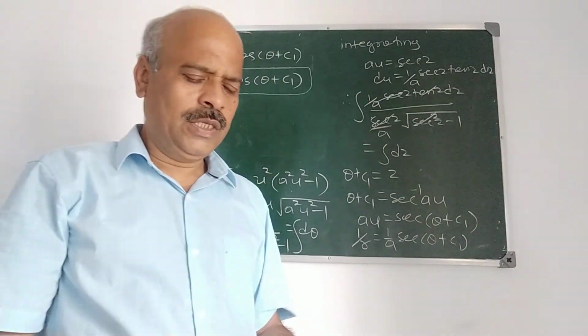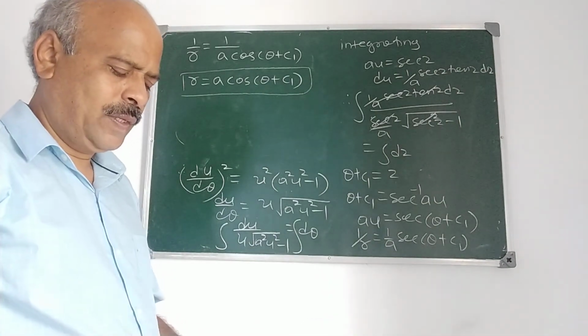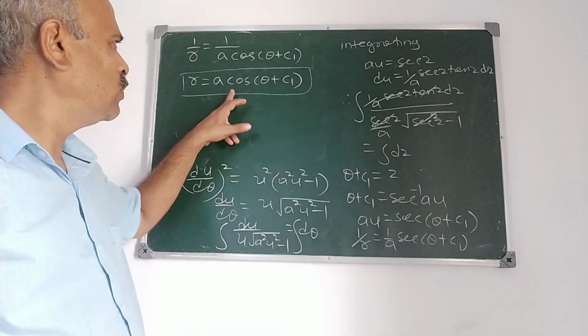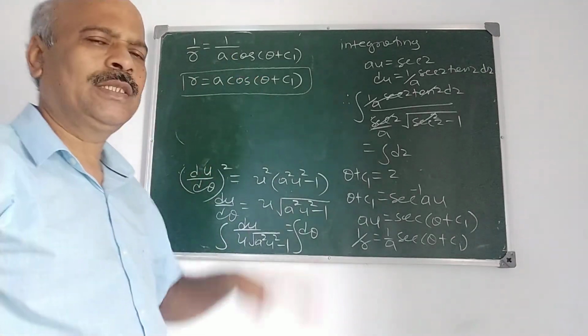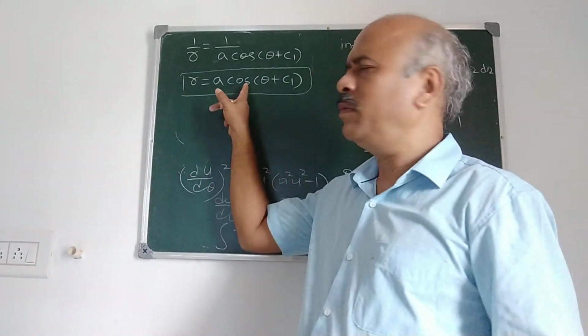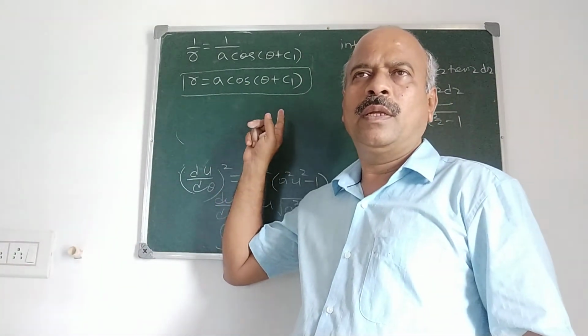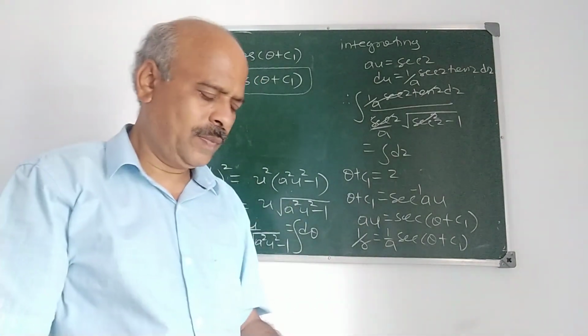So if the law of force is given by P is equal to mu by r raised to 5, then the central orbit is r is a cos (theta plus c1), and this is the polar form of a circle. Therefore, the central orbit is a circle.